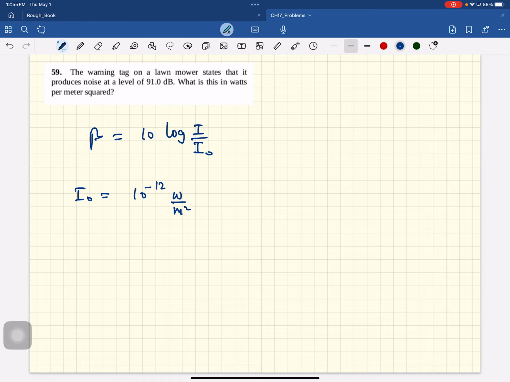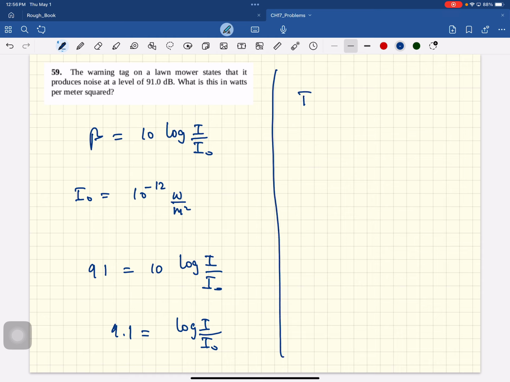Okay, so the decibel level is 91 dB equal to 10 log I by I naught. So 9.1 equal to log I by I naught. So I by I naught is equal to 10 to the power 9.1.